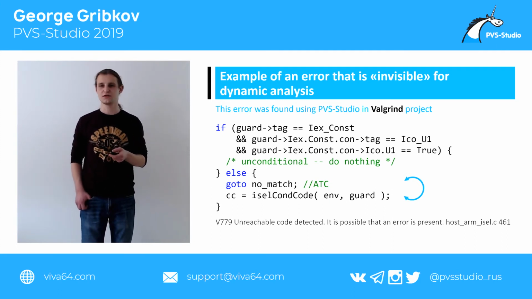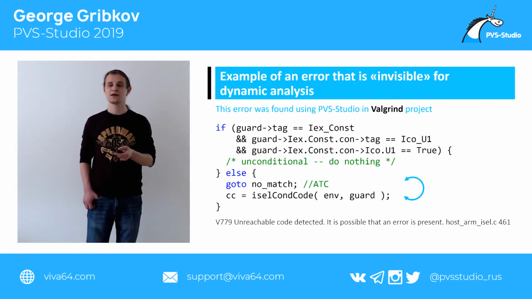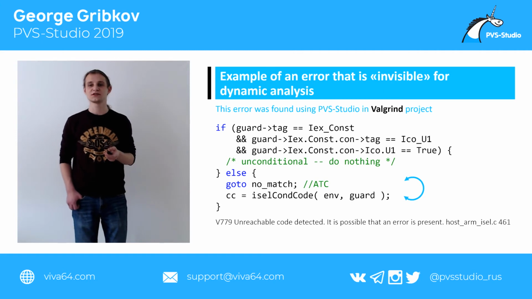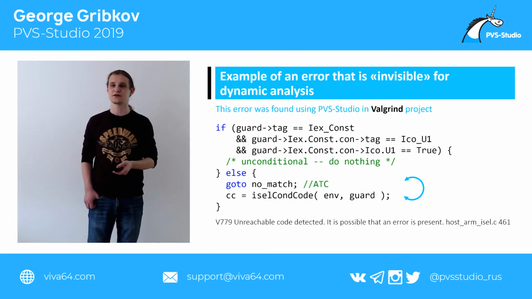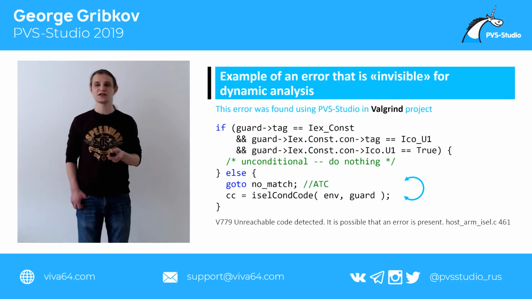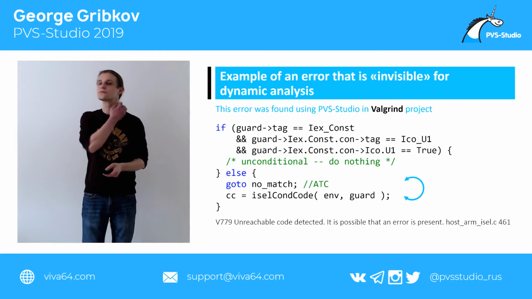When compiling the code, this function call will simply be deleted. Dynamic analysis will not be able to detect anything here, that is, it doesn't see the code that was deleted, although an error was clearly made here. If you check the code with a static analyzer, then it will quickly and clearly point to such things.